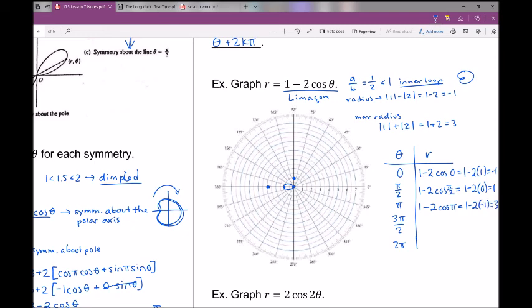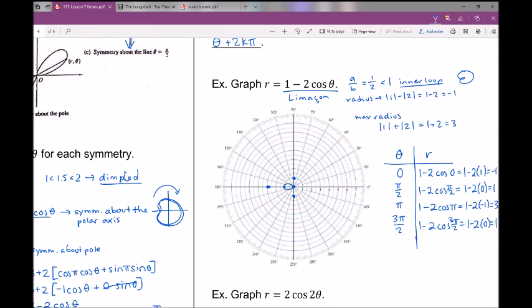And so that indeed matches up with what we thought with our max radius. Now we have 1 minus 2 times the cosine of 3 pi over 2, which is 1 minus 2 times 0 again, which is 1. So this time we go out to the circle of radius 1 and around to 3 pi over 2. And finally we have 2 pi, but that's just going to keep repeating on the point of 0. So we'll just stop there.